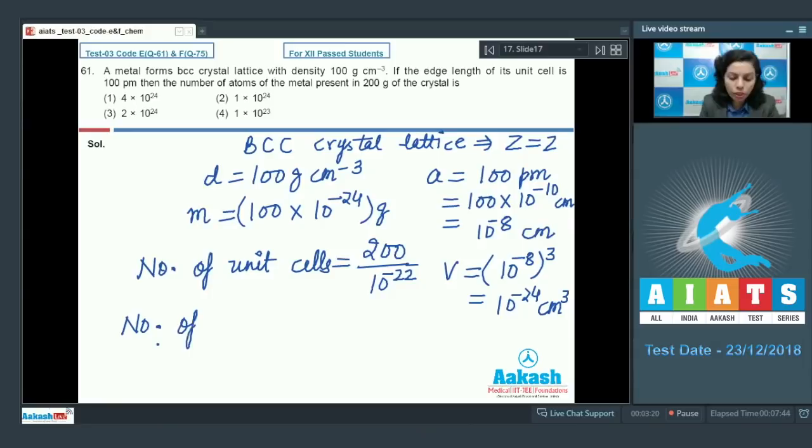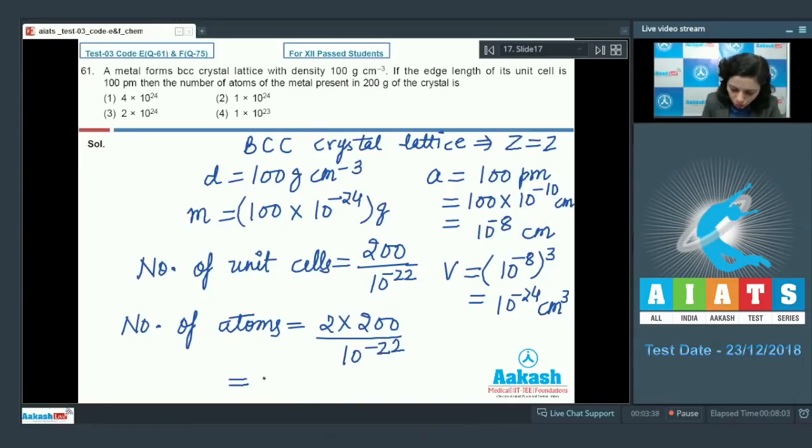We know that one unit cell contains 2 atoms, so the number of atoms present here would be equal to 2 into 200 divided by 10 raised to the power minus 22, and this would be equal to 4 into 10 raised to the power 24. Where is this given? This is given here in option 1. That's why I'll choose it as the correct answer.